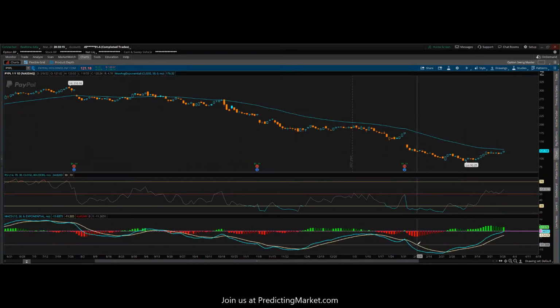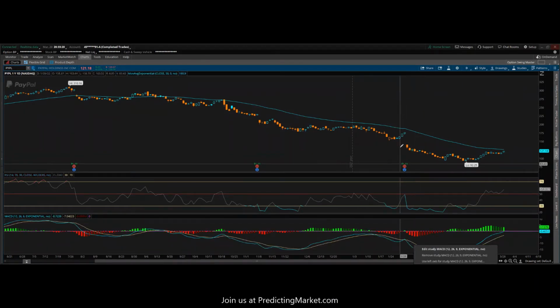One is the MACD line, which is the difference between the 26 and 12 EMA. So basically, you subtract the 12 EMA from the 26 EMA, and there is one other line called the signal line.